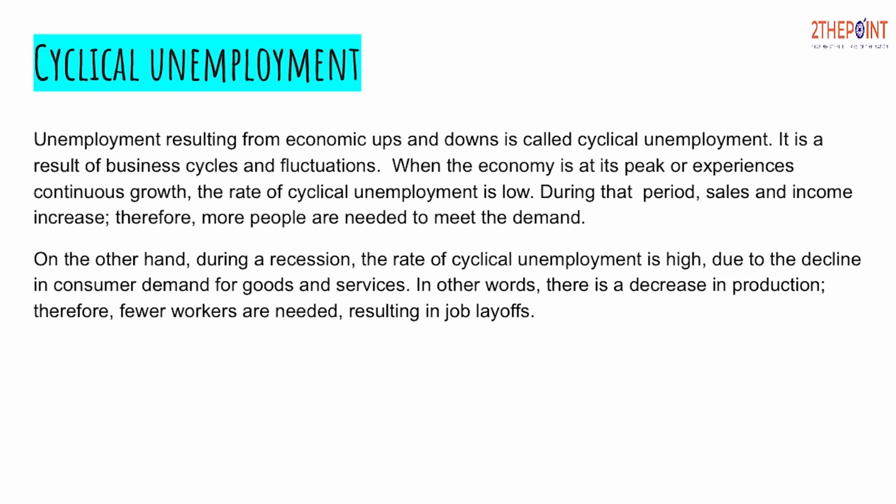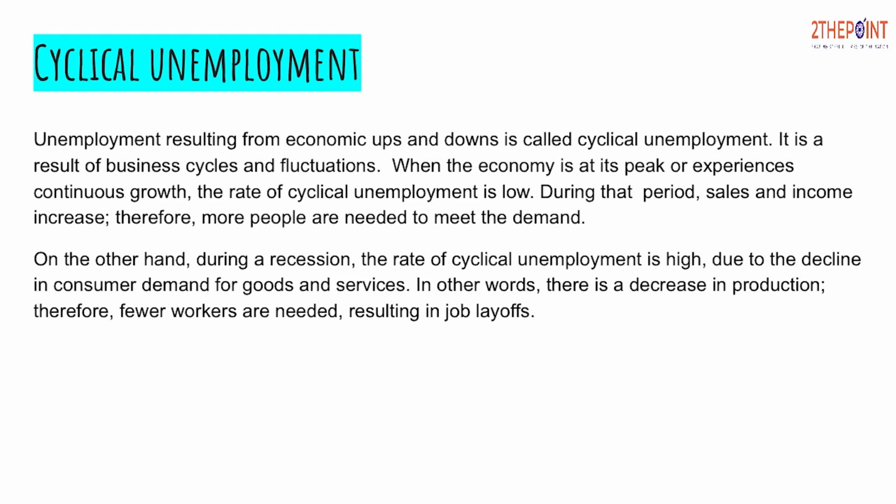Moving on to the next category of unemployment, that is cyclical. For this, one thing you need to learn is that in every economy there are different phases or cycles. Sometimes the economy is on a growth trajectory, whereas sometimes there is recession in the economy.